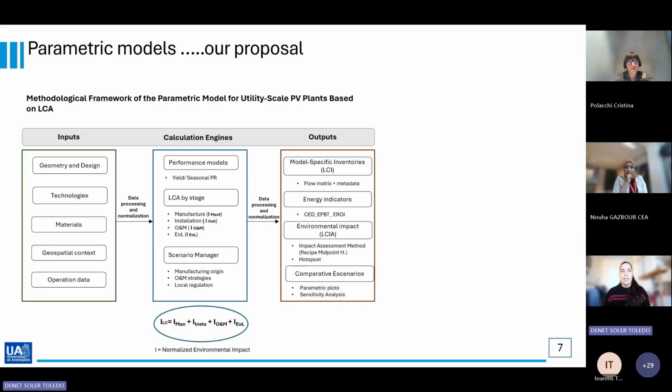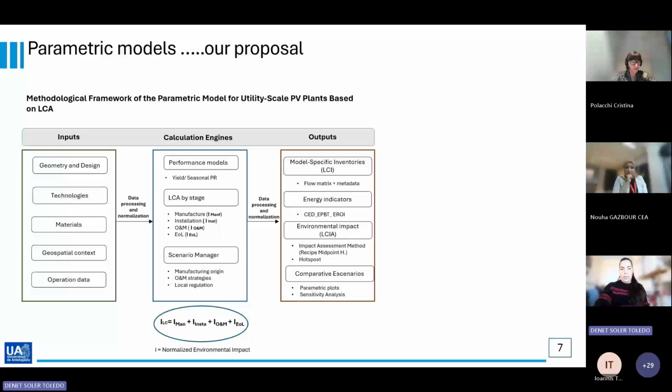We can divide the components by materials, specific materials, and introduce data with respect to the geospatial context and operational data.